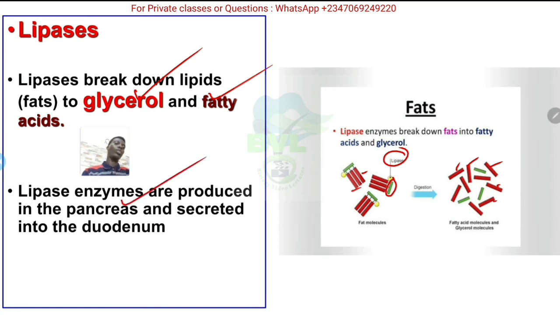Then they are secreted into the duodenum. I am not sure the wall of the small intestine produces lipase, but it's produced in the pancreas and released into the duodenum. I'm going to show you some of these things as we move on. I think I talked about this when we did the alimentary canal, just check my video on that. All right, hope that made sense.